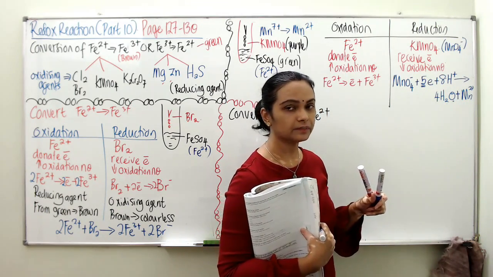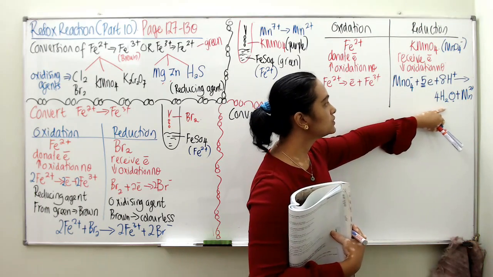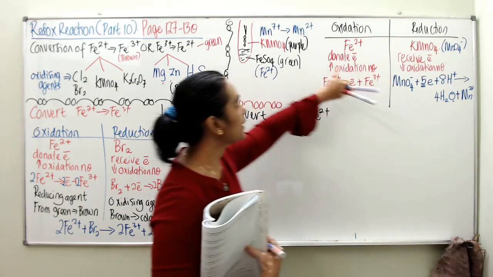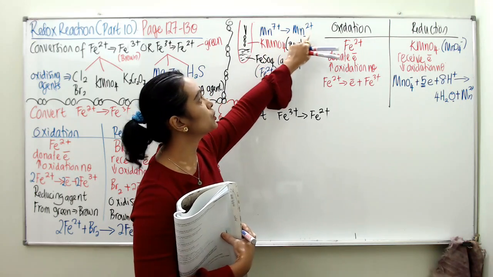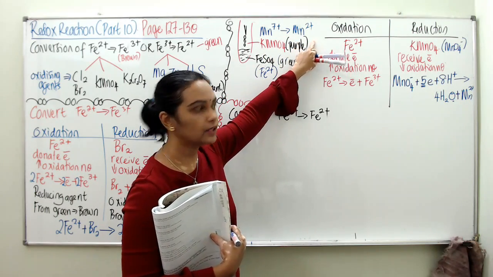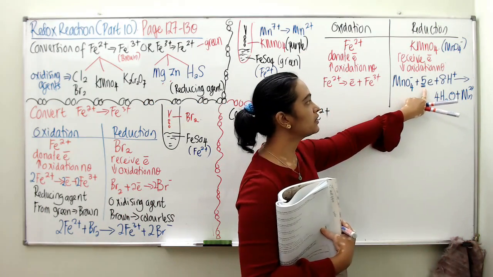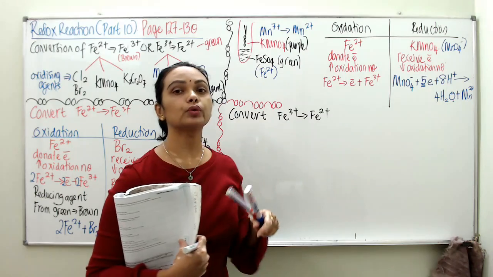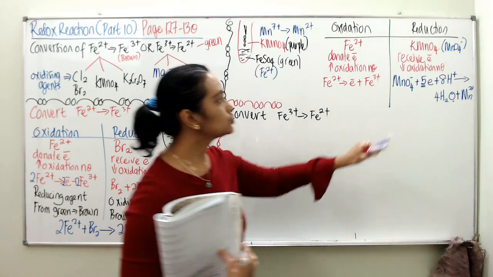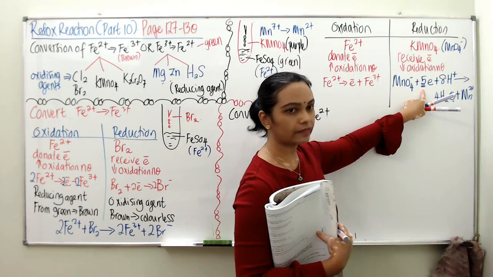Now, since manganese 7+ changes into manganese 2+, you are supposed to bring 5 electrons. 7 reducing to 2, you need 5 electrons, correct? That is the reason why you add 5 electrons.